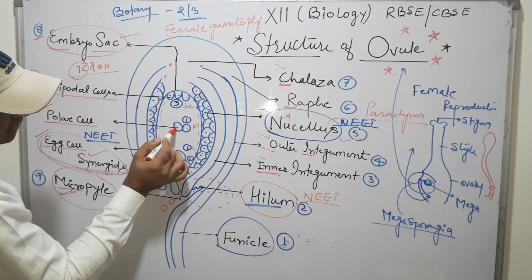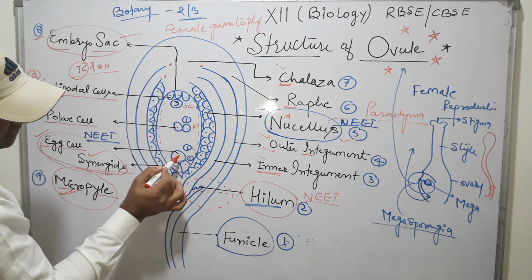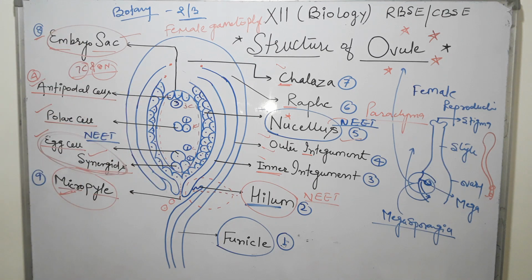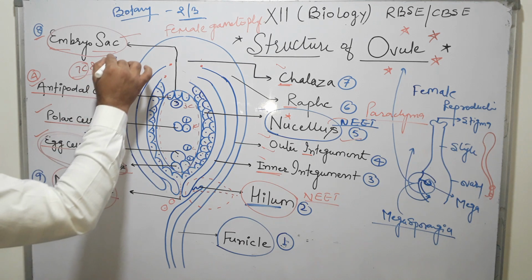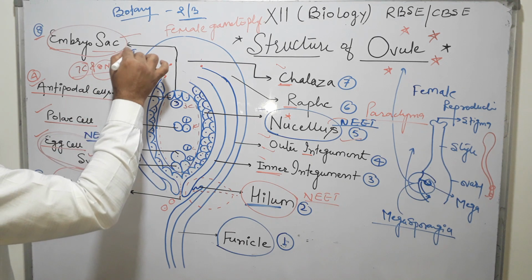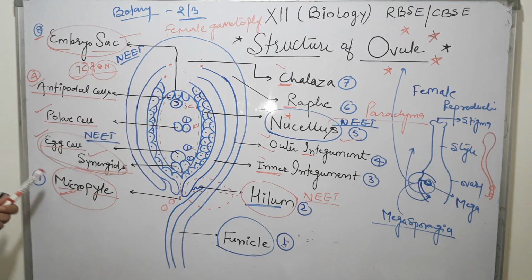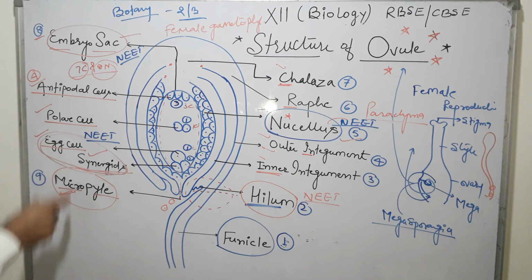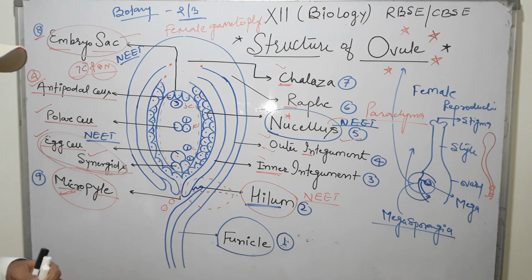Inner side 3, 1, 4, 5, 6, 7 and 8. So the 8 nucleus stage is the female gametophyte, the embryo sac. Very important question for NEET. What is the 7 cell and 8 nucleus? Or they can ask the stage of the embryo sac in angiosperm. It is a 7 cell and 8 nucleus stage. Clear? So it is a different term which is very important for NEET purpose.